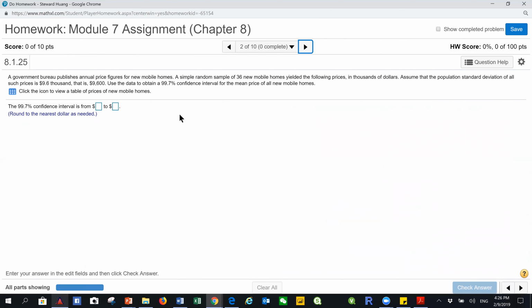And for the next confidence interval, again, sample size n equals 36. Population standard deviation, which is sigma, 9.6. And the sample mean 9600. Then you want a 99.7% confidence interval.